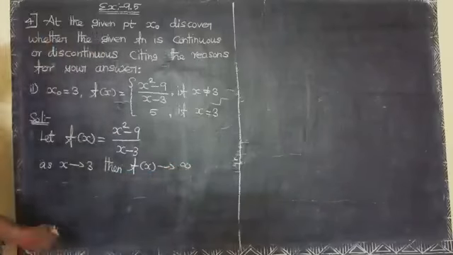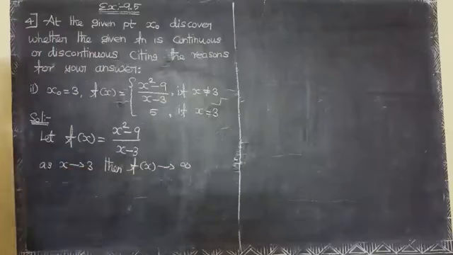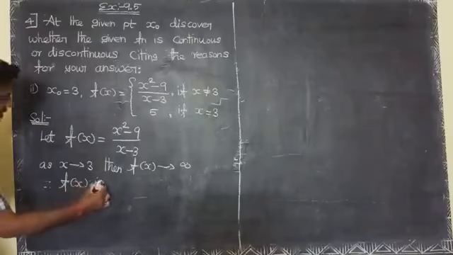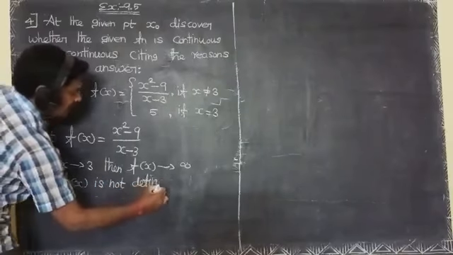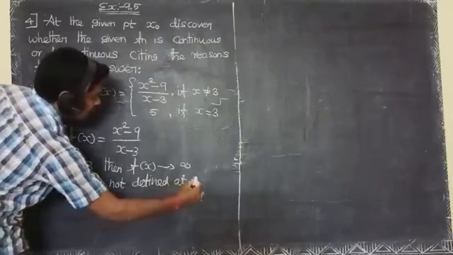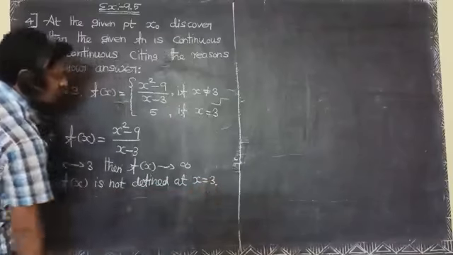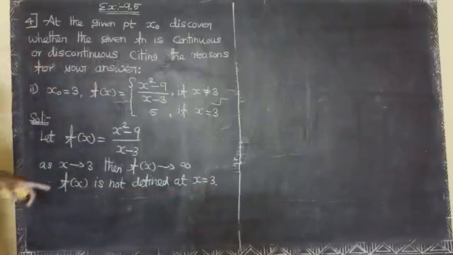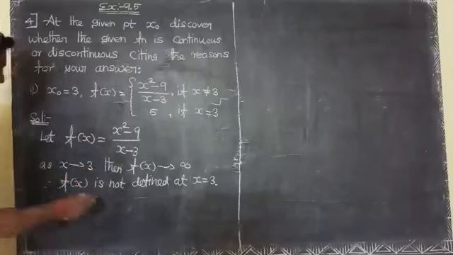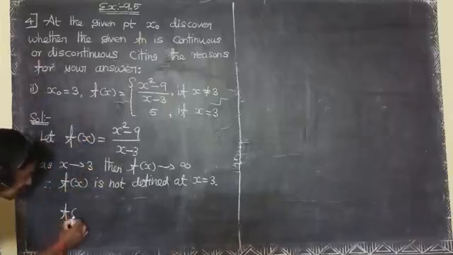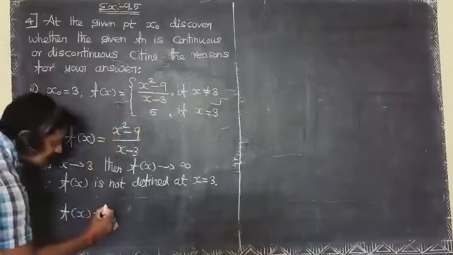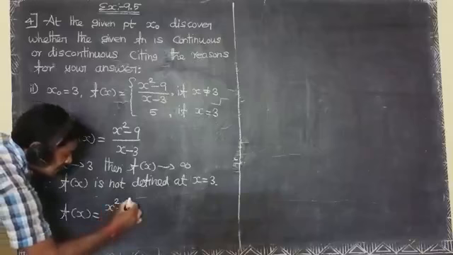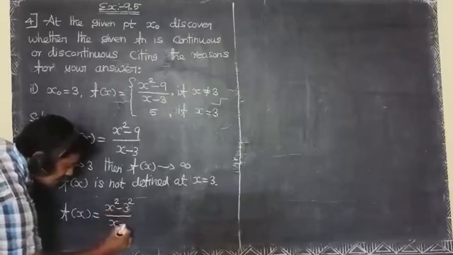Therefore, f of x is not defined. f of x is not defined at x equal to 3. Suppose the given function is simplified, that is f of x which is equal to x squared minus 9, which can be written as x squared minus 3 squared, divided by x minus 3.